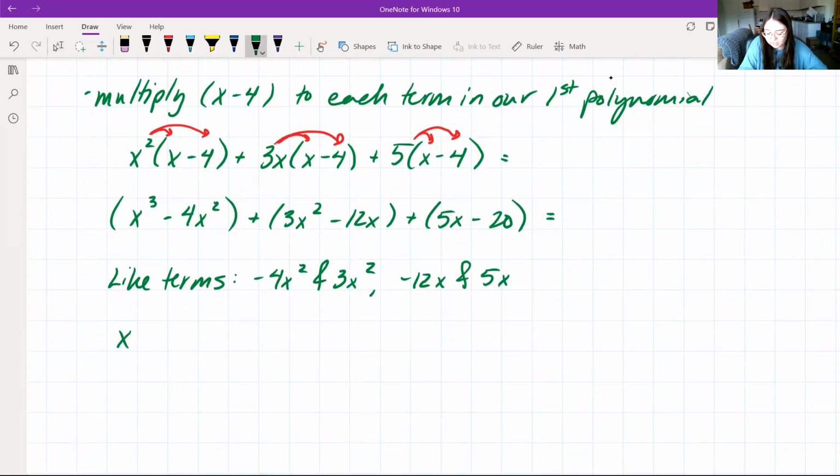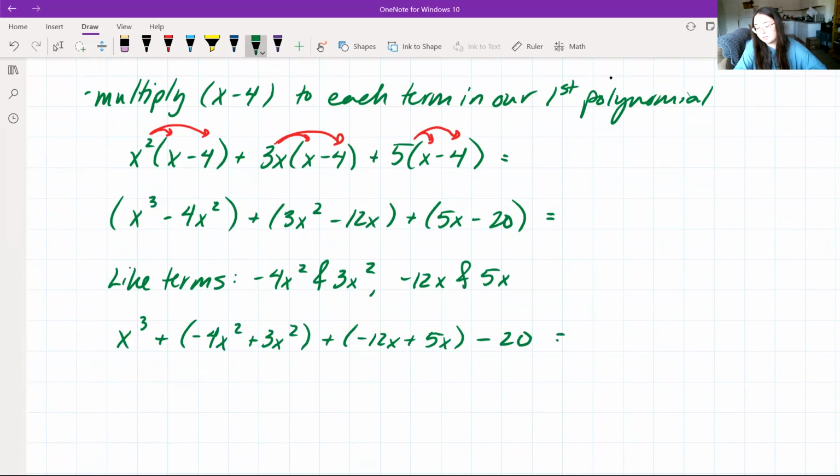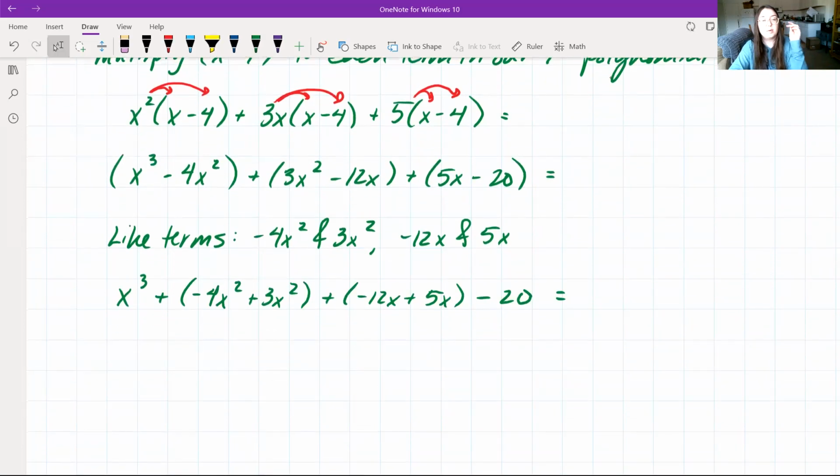So we'll rearrange our expression here. Again, negative 4x squared plus 3x squared plus negative 12x plus 5x, and then minus 20. So now we combine our like terms.